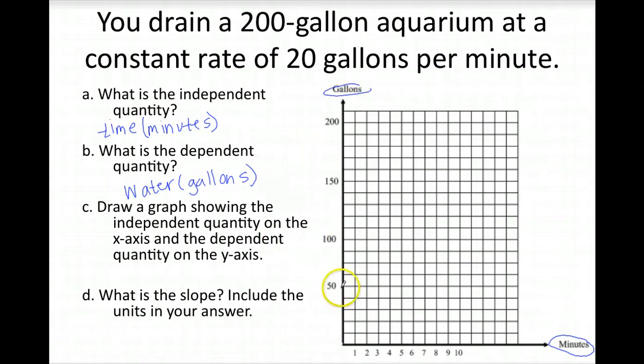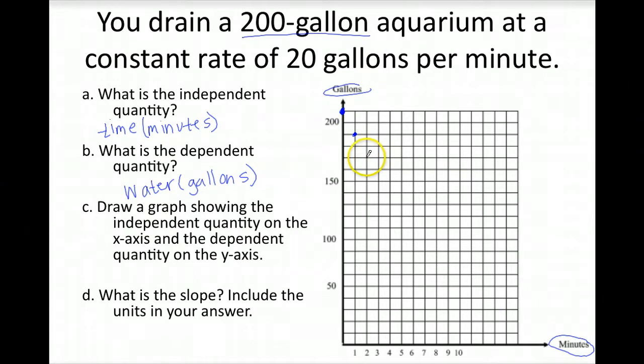Now we initially start at 0 minutes, and when we initially start at 0 minutes, we have 200 gallons of water. So at the 200 mark, we're going to draw a dot. Now we're decreasing at a constant rate of 20 gallons per minute. So after a minute, the aquarium is now 180 gallons.